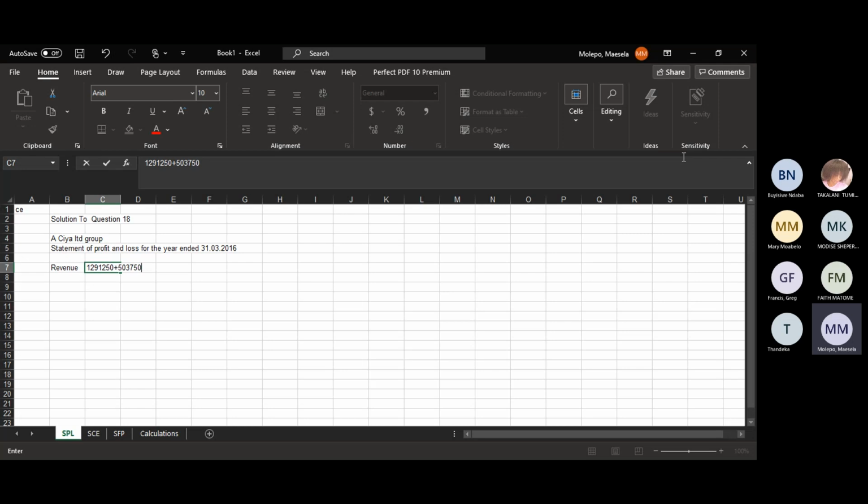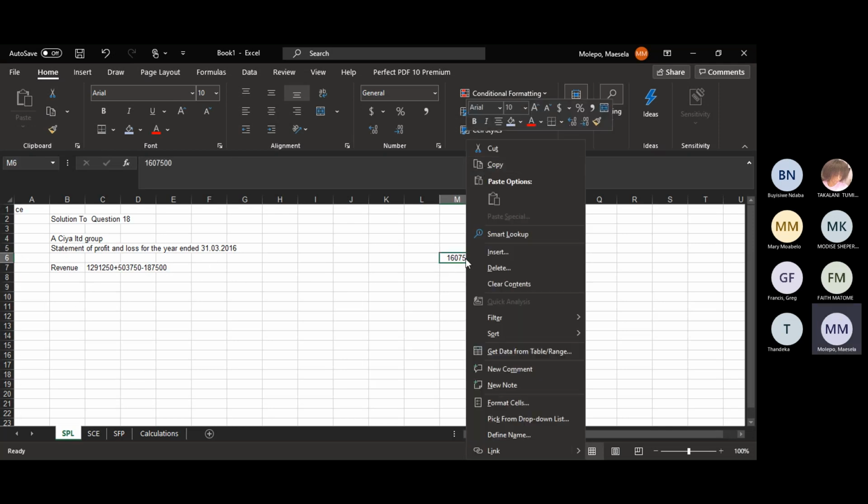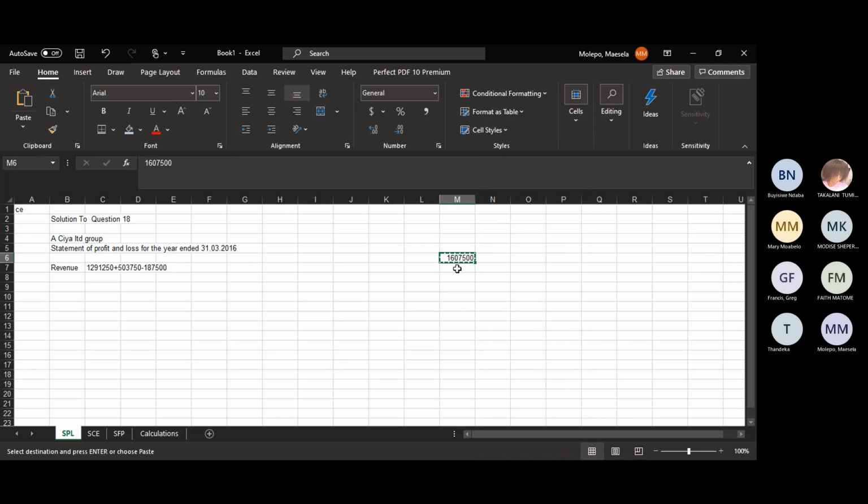The intra-group sales amount to 187,500. Intra-group sales need to be subtracted. So here you less the 187,500 of intra-group sales, and you have the value of 1,607,500. Anyone who has a question with regard to this transaction, please notify me.